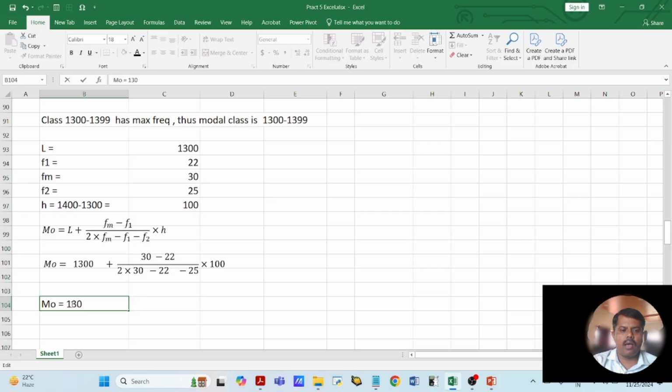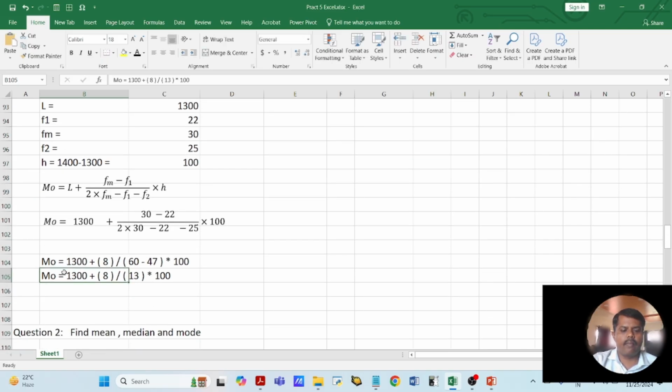So we write the formula again. 30 minus 22 is 8, divided by 2 times Fm, that is 2 times 30, it is 60, minus 22 minus 25, it is minus 47, into 100. Mode is equal to 60 minus 47 is 13.